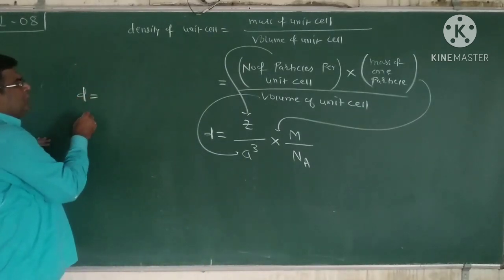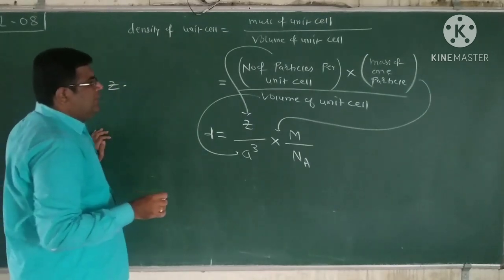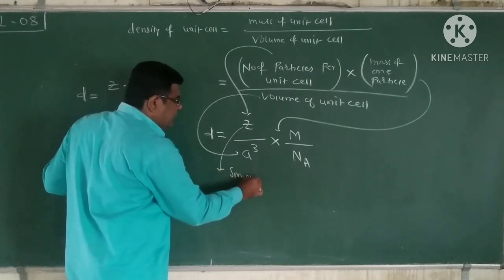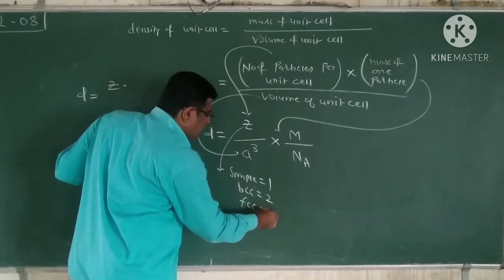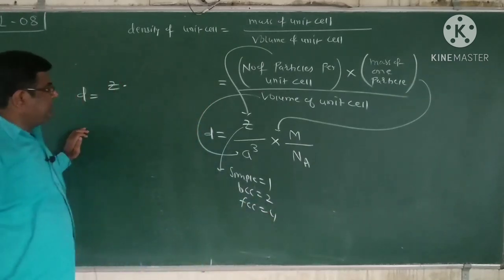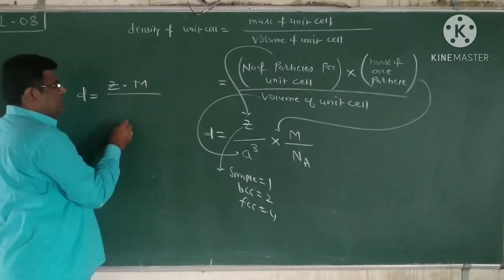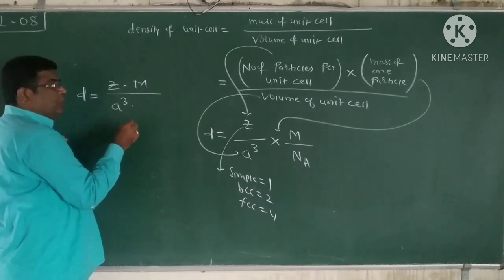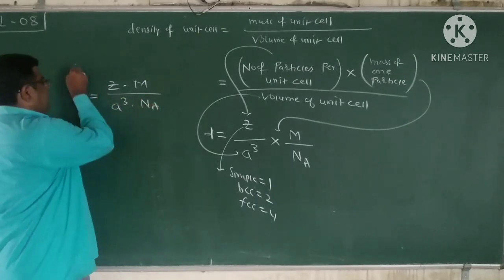D is equal to number of particles per unit cell. This is nothing but, if it is simple cubic unit cell 1, BCC is 2, FCC is 4, already we know it. Then atomic mass or molecular mass. A cube is the volume of unit cell. A is the unit length, and this is Avogadro number.